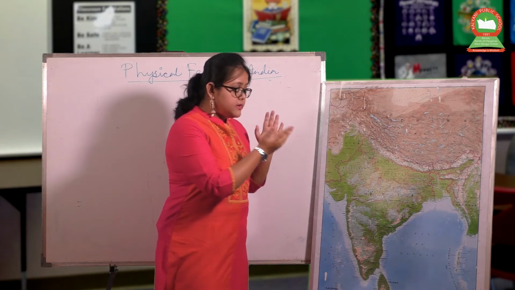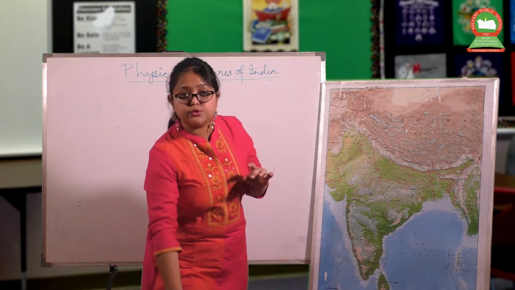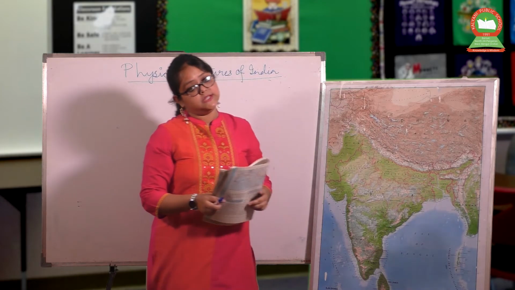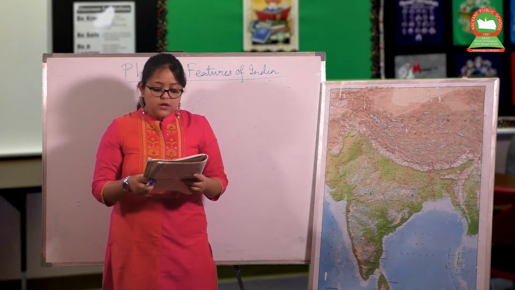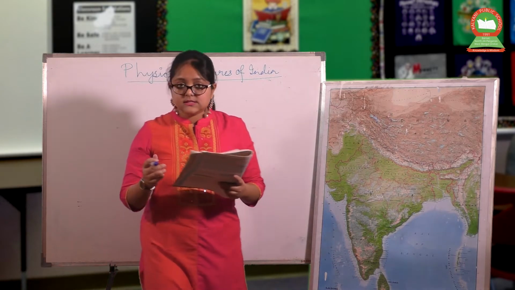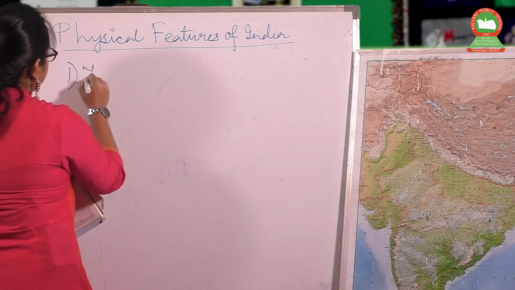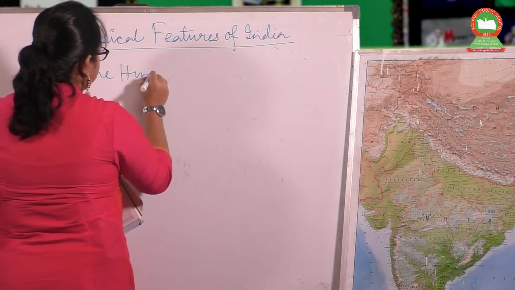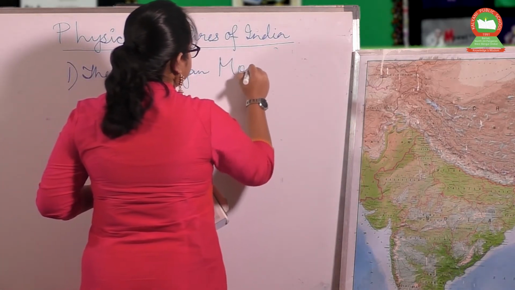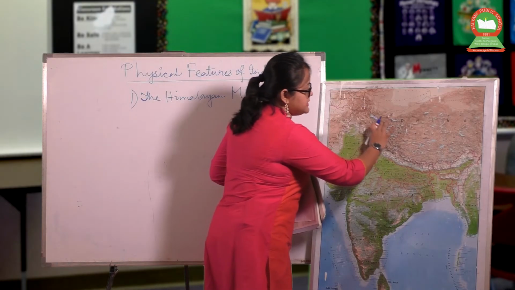Here, as we are reading about the various physical features of India, we have to know what the physical features are. Now, India is divided into 6 physical divisions. Number 1 is the Himalayan mountains, which we can find in the northern portion of India.